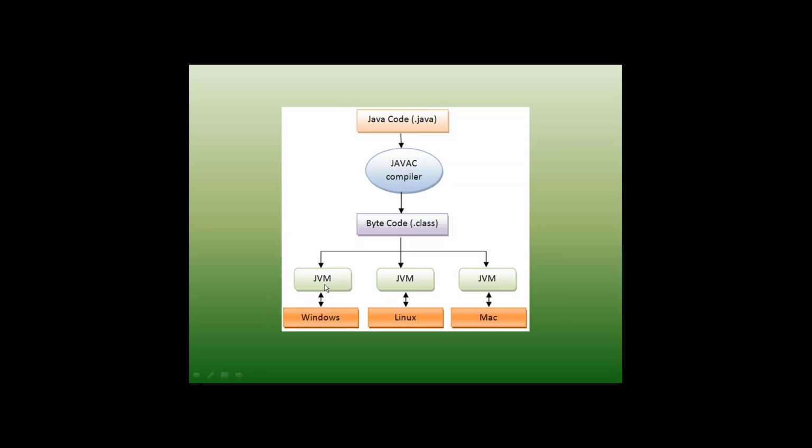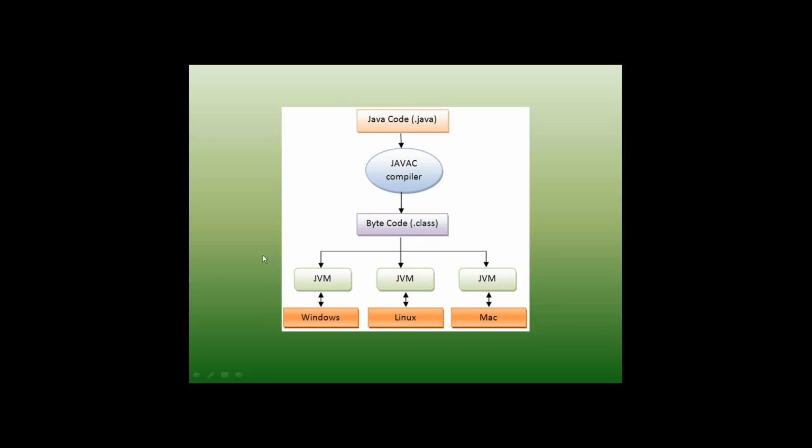We can write a code and convert it into bytecode, and this bytecode can be run on any machine. For example, if you create a class file on a Windows machine and run it on the JVM, you have the bytecode. That bytecode can be run on Linux or Macintosh. It is independent of where you created the source. That's how it's platform independent.